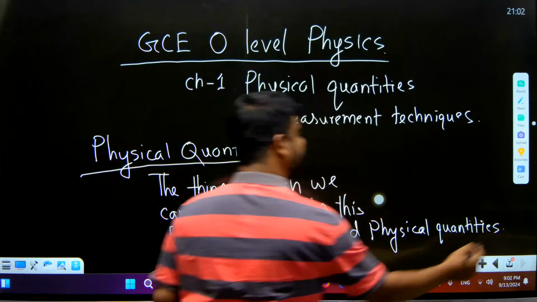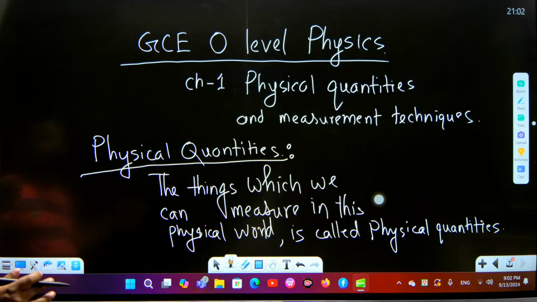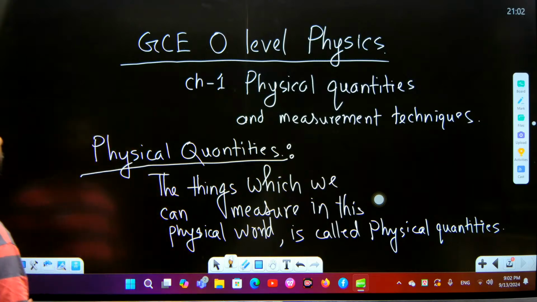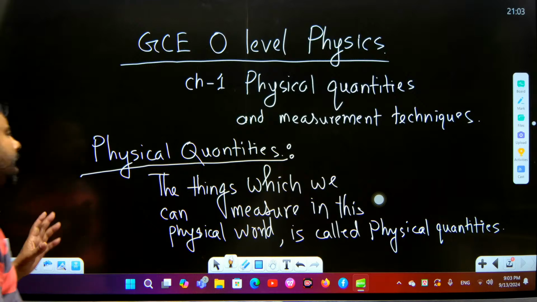We can measure the mass of an object, and the length of an object, by number and unit. We can measure the temperature, the volume, and the force applied on an object. So these are physical quantities.